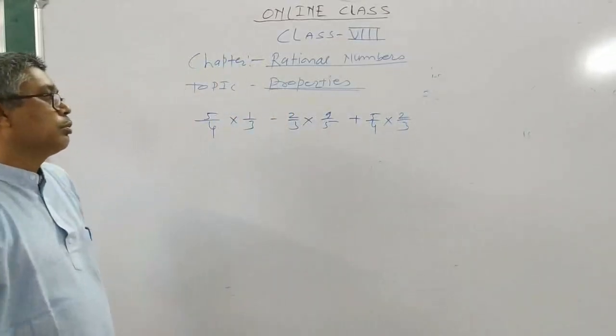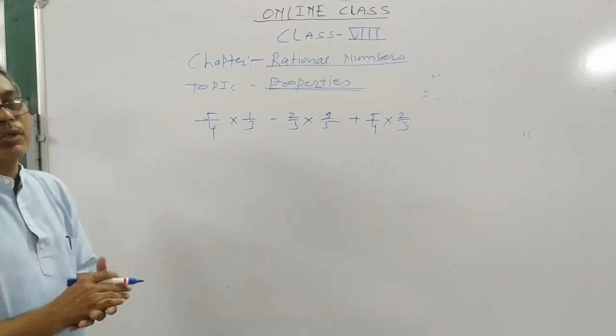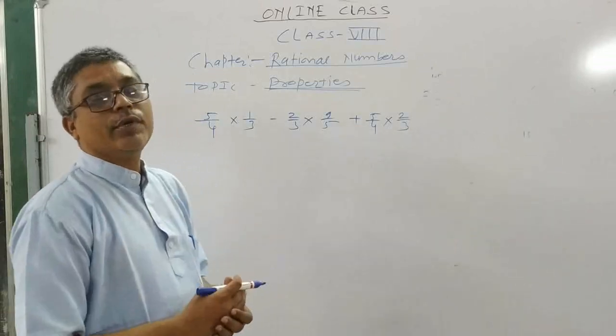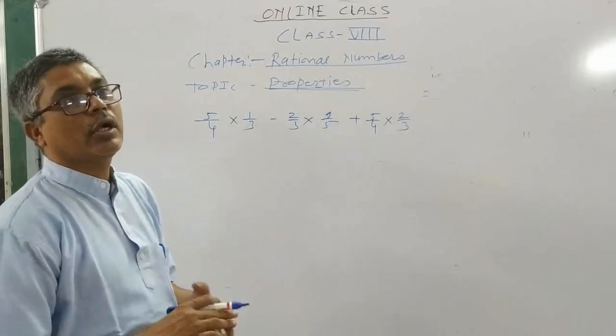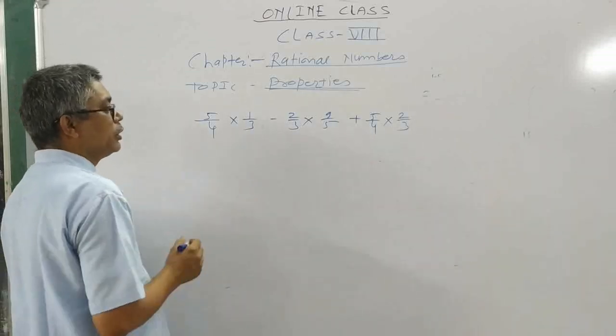Now we have to solve this example by using these properties, that is, we have the properties commutativity, associativity and again distributivity. Now by using these properties we have to solve this example.